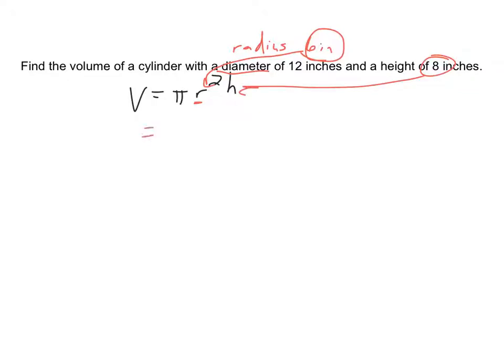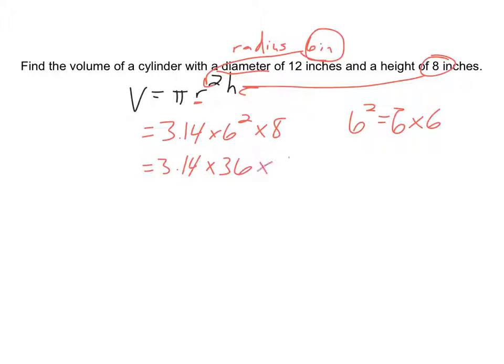It's going to go in for H. So we're going to have 3.14 times 6 squared times 8. 6 squared again is 6 times 6, which is 36. So my equation is going to be 3.14 times 36 times 8, giving me a volume of 904.32 cubic inches.